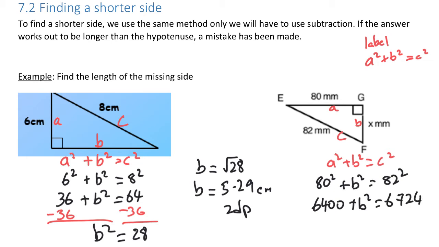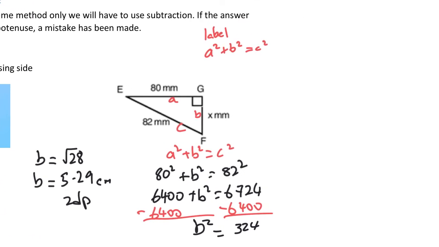Then we take away 6,400 from both sides. And we get b squared equals 324. And then b is going to be the square root of 324. So b is 18 millimetres.